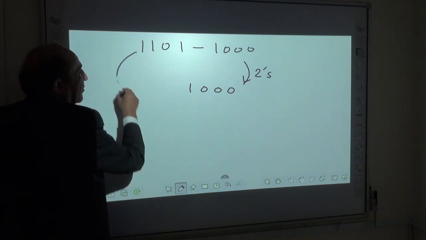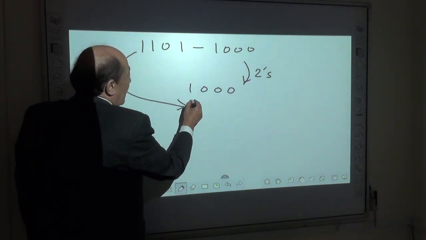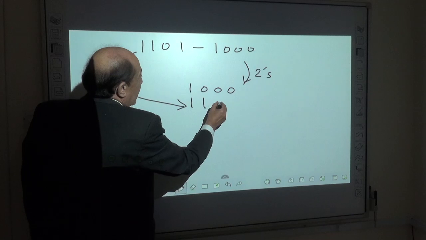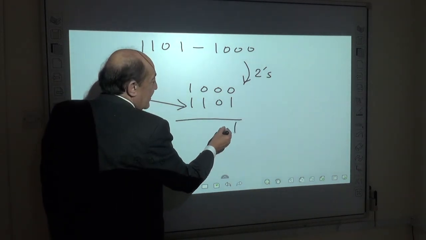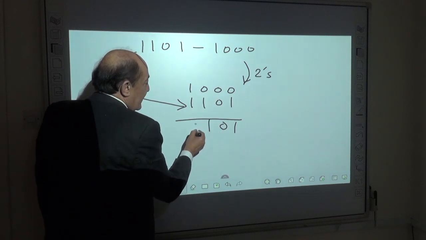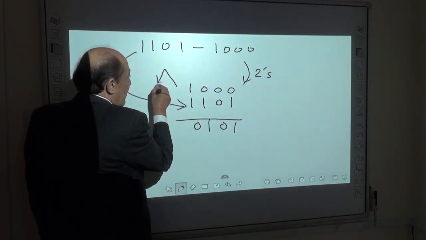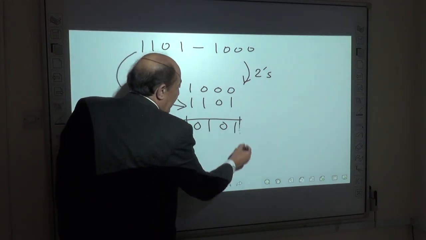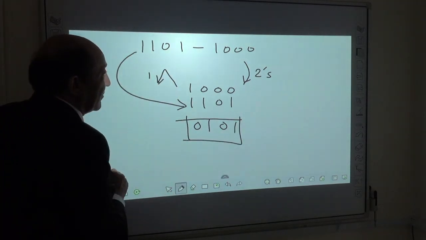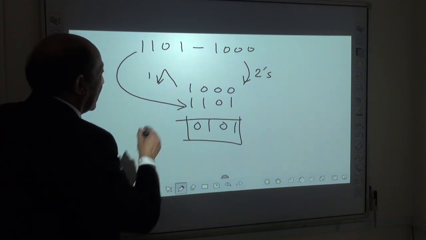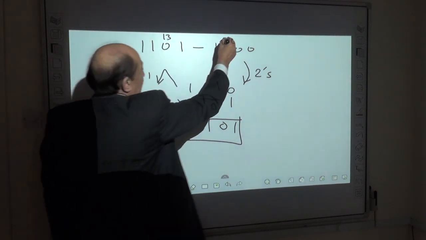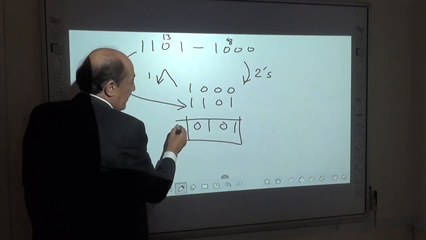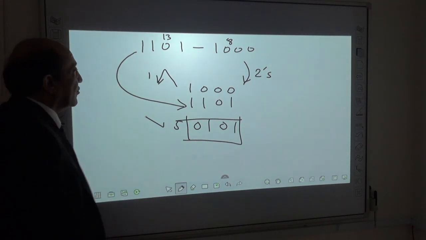We add this to 1101, and there is a carry 1, we just ignore it, and this is our result. Really, you can check, this is 13 minus 8, and the result is 5. Everything is okay.